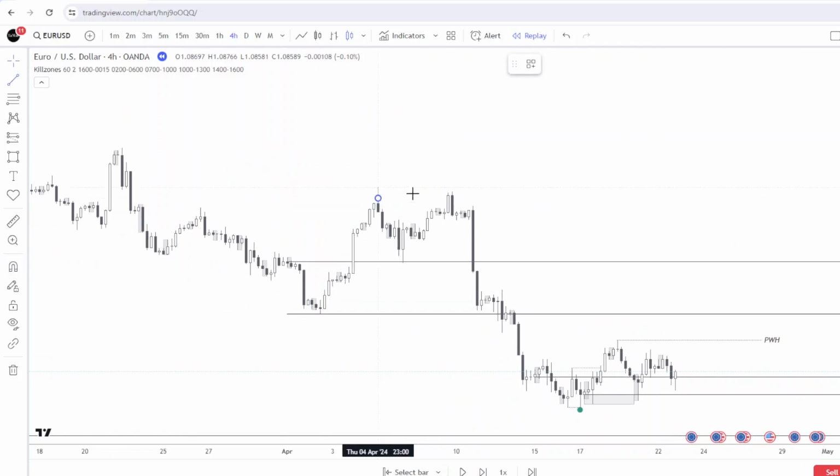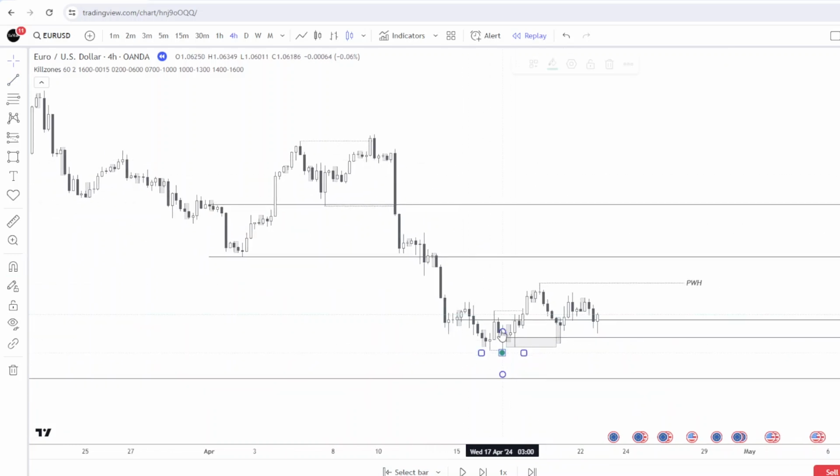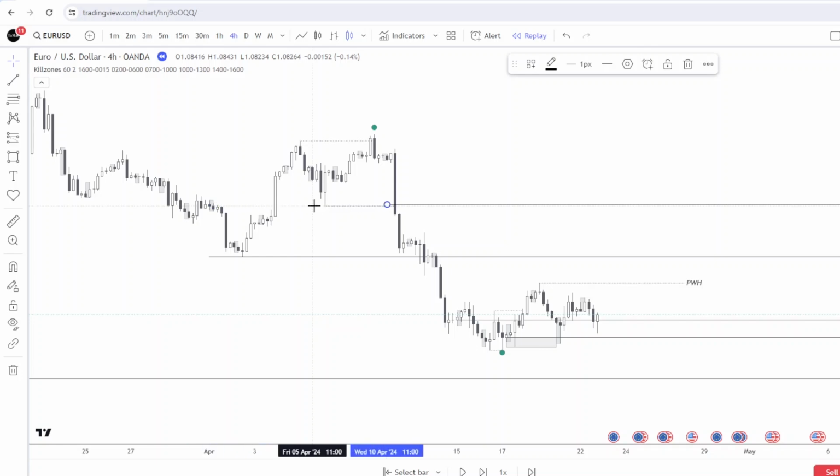I have my run on liquidity here and my break of structure right there. Okay, so that was my strong high. So I'll just move this to the right because it's not yet mitigated, so it's a key level I'm looking at. This is also a key level I'm looking at.